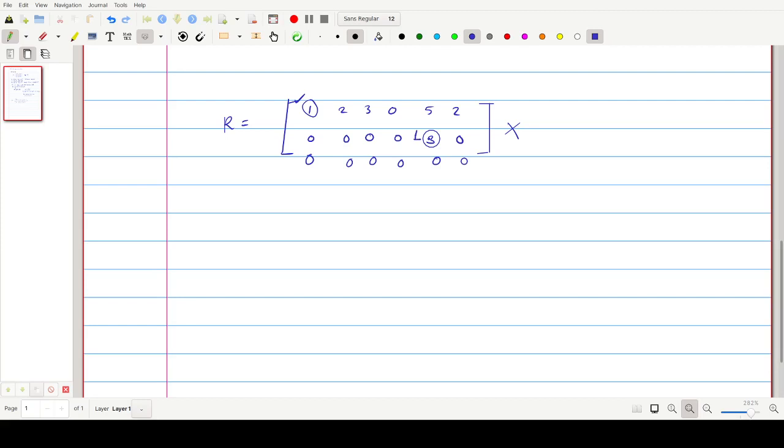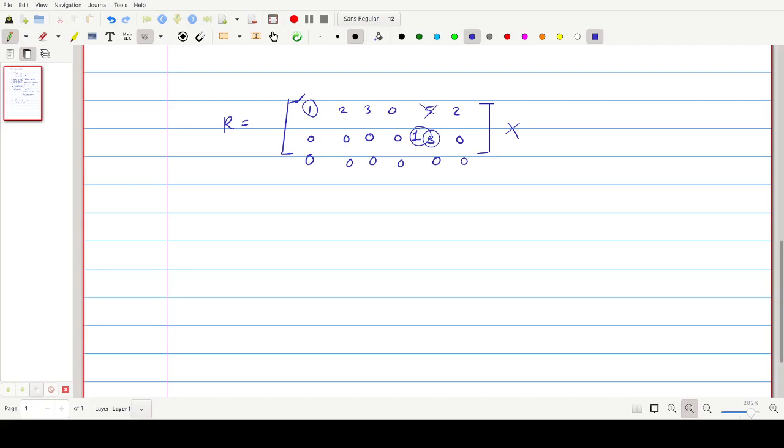Once you have this, all the other entries in the corresponding column should be 0. If this is 1 here, then the entries above and below it should be 0.